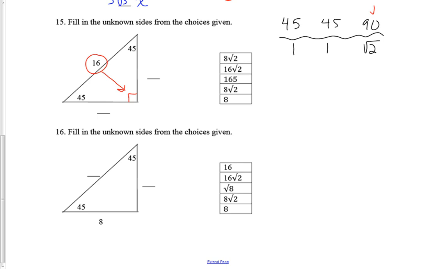So I go to my 90, and my 16 is going to make a fraction with the square root of 2. Now I need to find x. I'm going to call this side x. It doesn't really matter. And across from the x is a 45. So I find my 45, and I make a fraction with the 1. Now these two fractions I'm going to set equal.